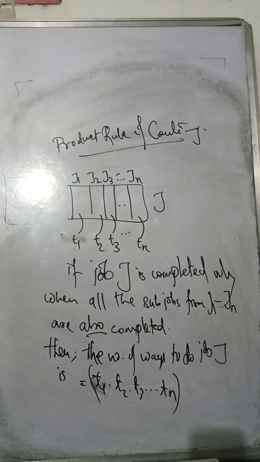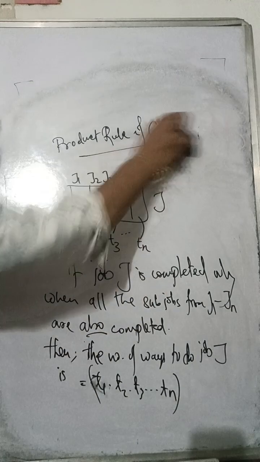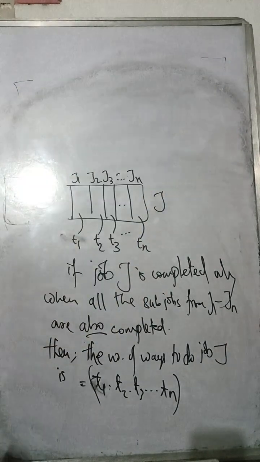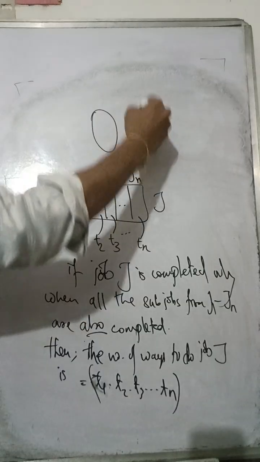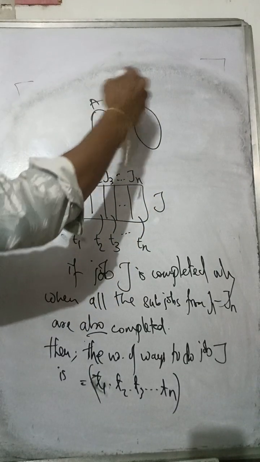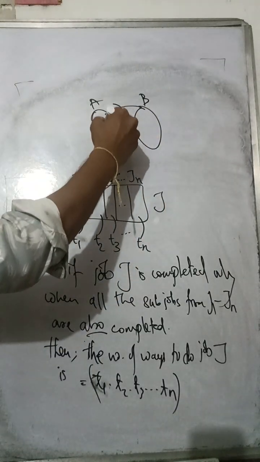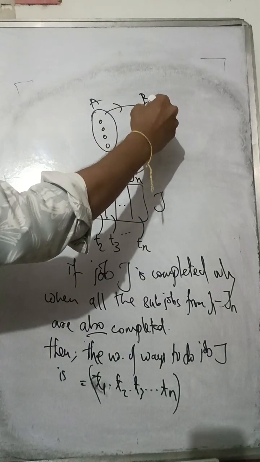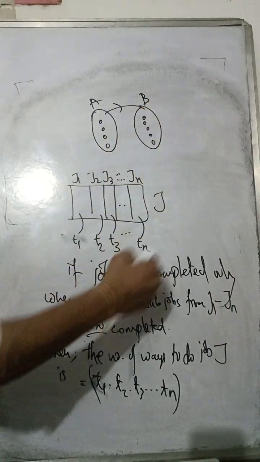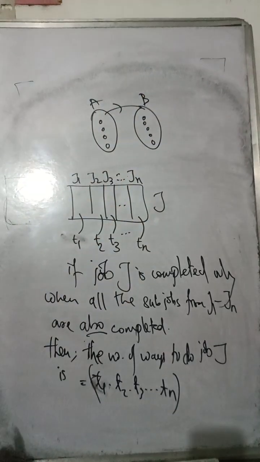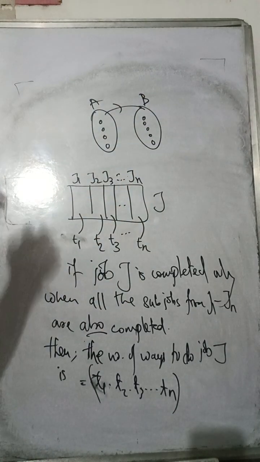Simple, very simple. Let's jump into a very short example. Suppose you have a function from A to B. You have 4 elements here and 5 elements here. What is the total number of functions? You will see these kinds of questions a lot.